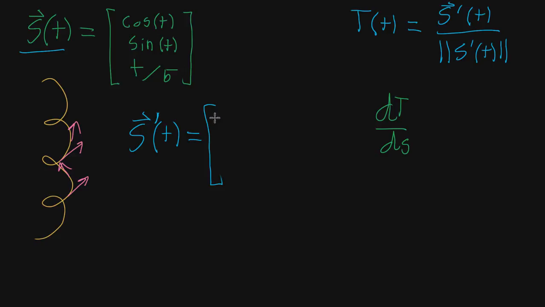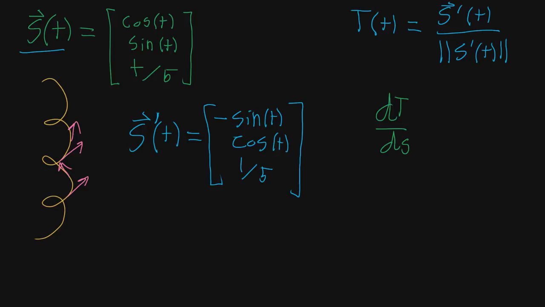So cosine goes to negative sine of t. Sine, its derivative is cosine of t. And then the derivative of t divided by 5 is just a constant. That's just 1 over 5. Okay, so that's s prime of t.